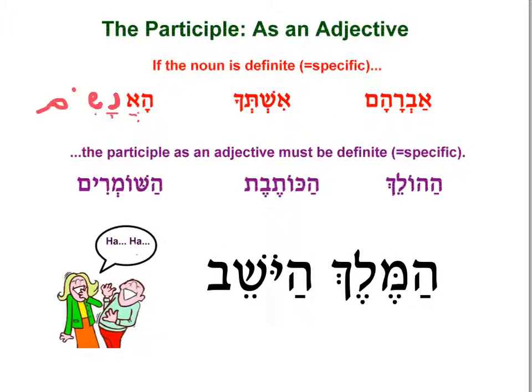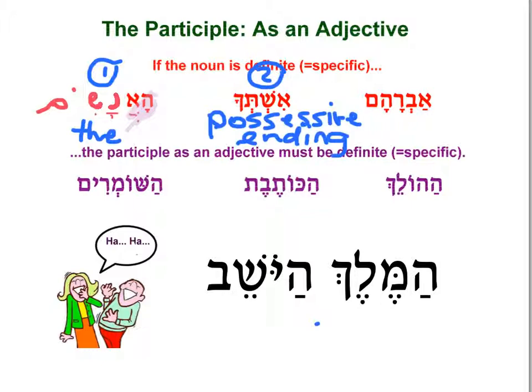We have to remember that a definite noun can appear in 3 ways. It could appear, as we mentioned before, with that hey prefix, like we have ha'anashim over here, the hey meaning the. The second way is when I have a possessive ending. Here I have ishtacha, so your wife, so it's a possessive ending. And my third way is if I have a name. Here I have Avraham, a name.